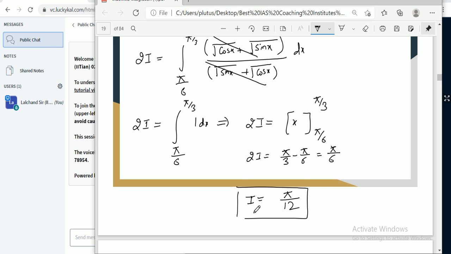This is the value of this integral. Okay, tell me, is there any doubt?